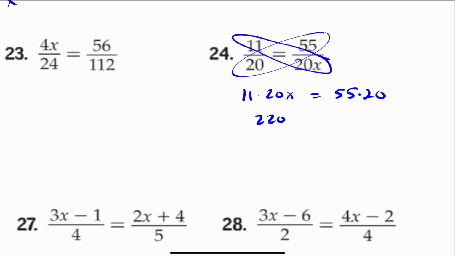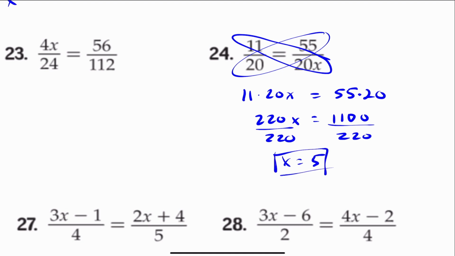I'm sorry, I'm not really good with arithmetic, but 220x, that's the left-hand side. And then 55 times 20 is 1,100. Now, I'm going to divide both sides by 220, so x is equal to 5. Okay, that's the answer. This is kind of a level 2 problem. Number 24 is a level 2 problem. So x is equal to 5, okay?